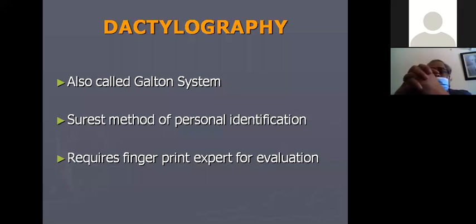But it was a very hectic job to collect these measurements, and time consuming. And it was replaced by dactylography, also known as the Galton system.